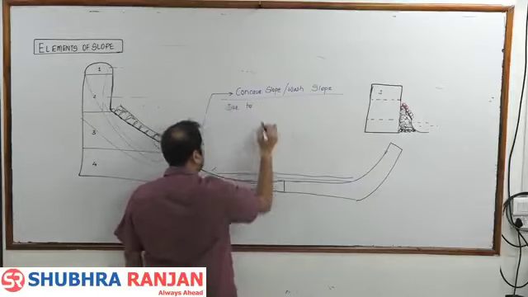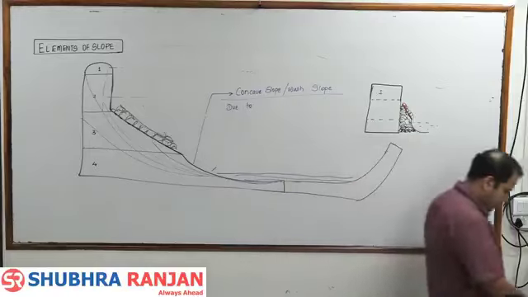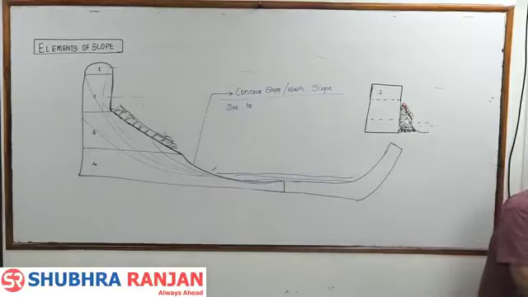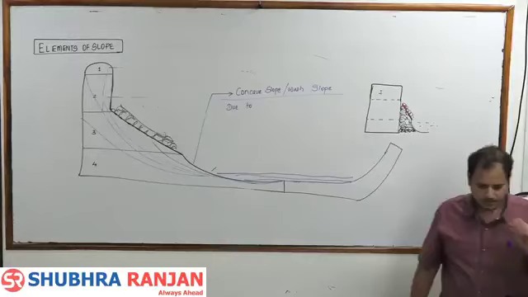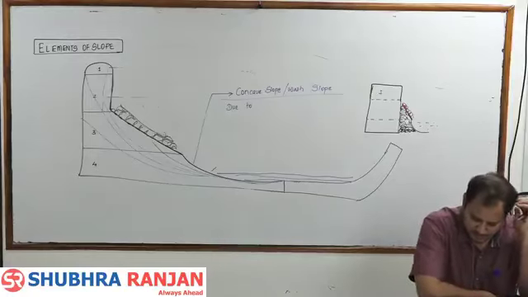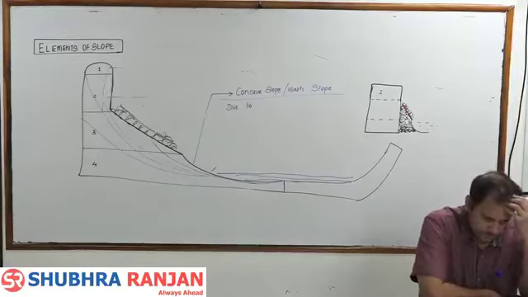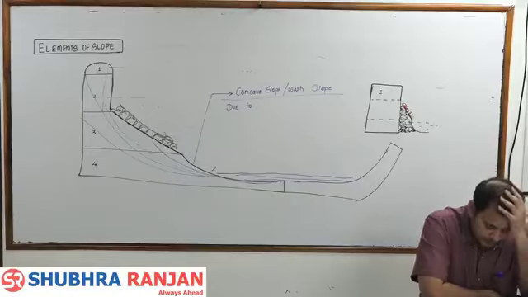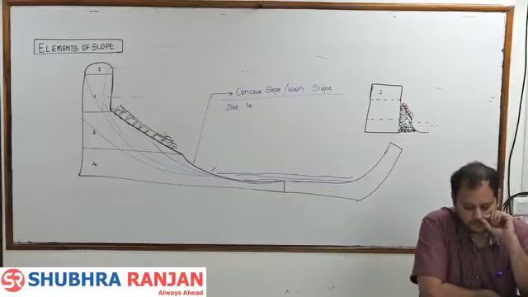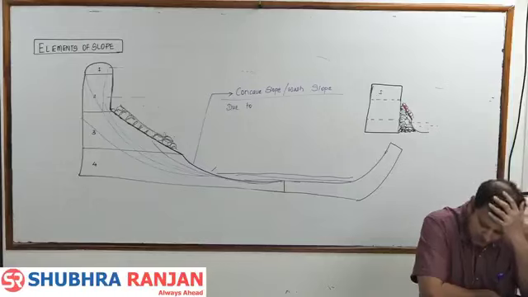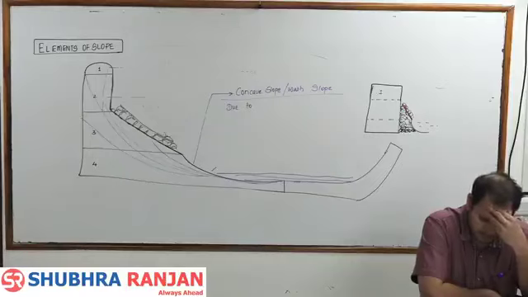So due to weathering, finer sediments roll down. Finer sediments are carried down by the rainwater and deposited at the bottom of a hill.